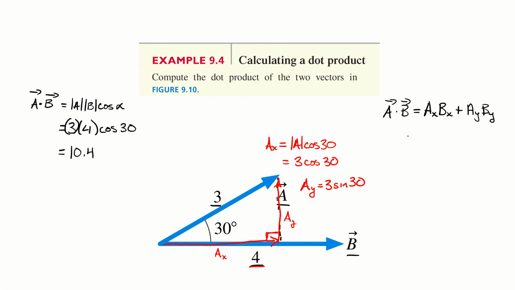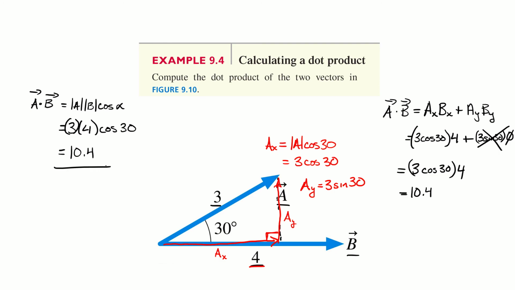So if we go back over here and do this calculation, AX is 3 cosine 30, BX is 4, and AY is 3 sine 30, but that's multiplied by 0, the y component of B. So this whole term goes to 0, and we end up with 3 cosine 30 times 4, which is the exact same answer we had over here when we did it the other way. So again, two ways of calculating dot products.